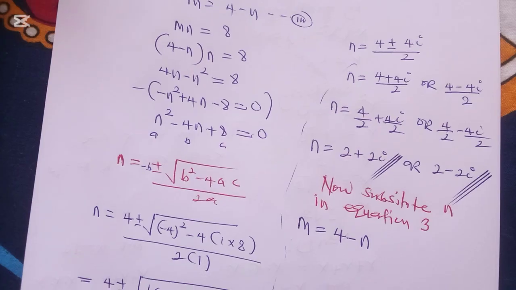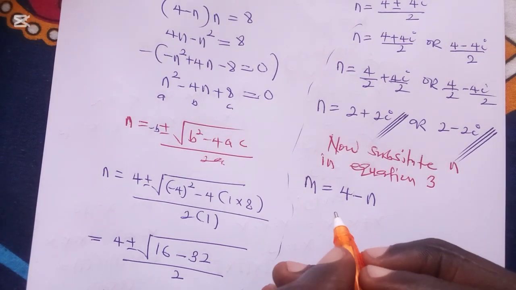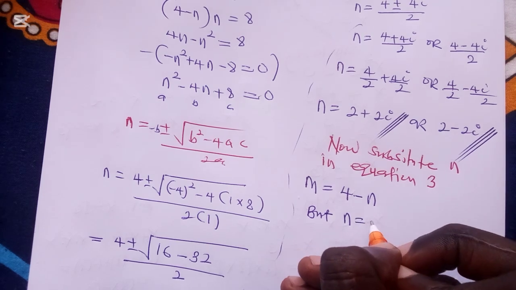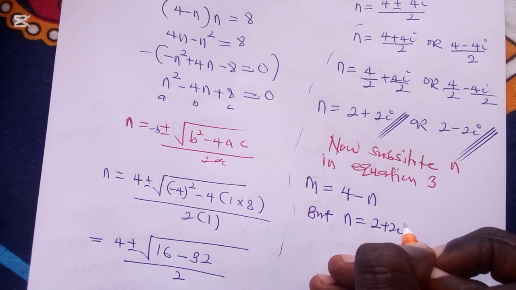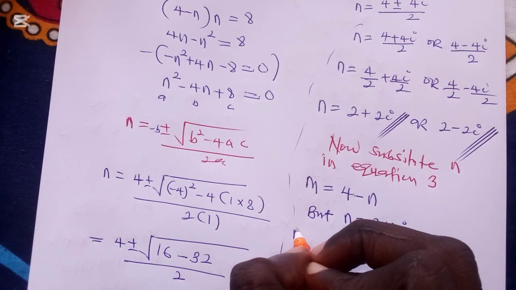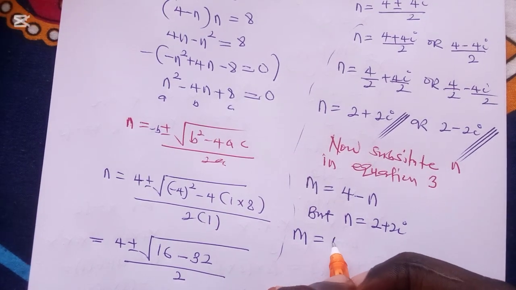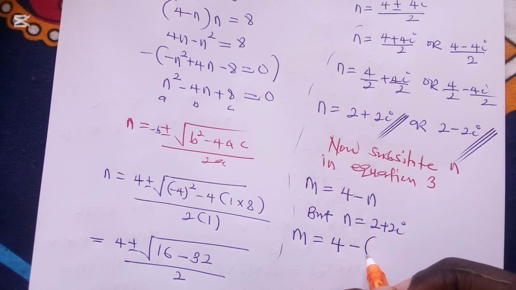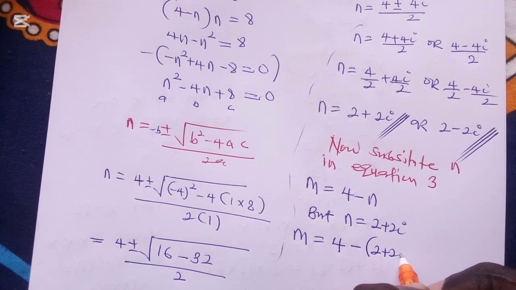This is equation 3. But n is equal to 2 plus 2i. We take the first one, that is this. Then we say m becomes 4 minus, this is n, and n is equal to 2 plus 2i.